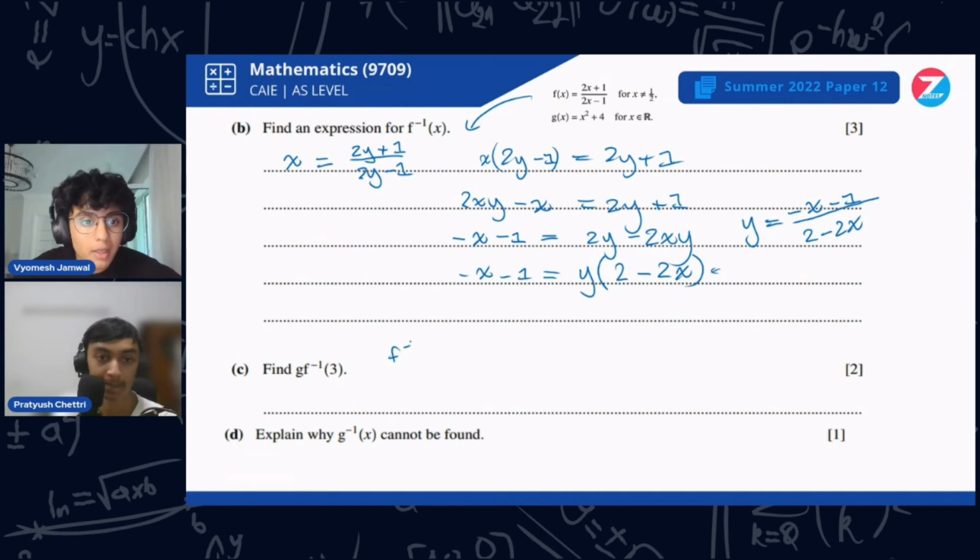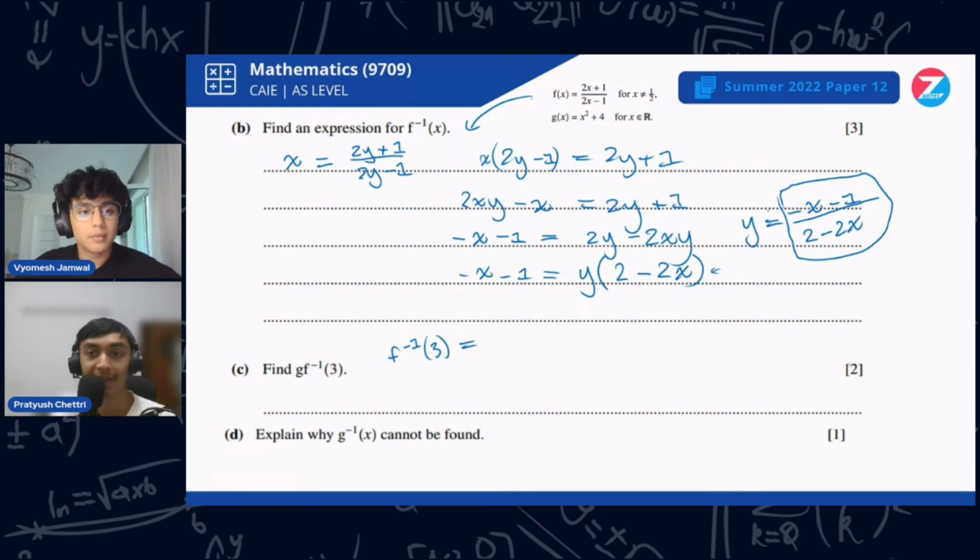So it's basically this function, but we substitute in 3 instead of x. Exactly. So it'd be minus 3 minus 1 divided by 2 minus 2 times 3, which is equal to minus 4 divided by minus 4, which is 1. Epic. Easy.